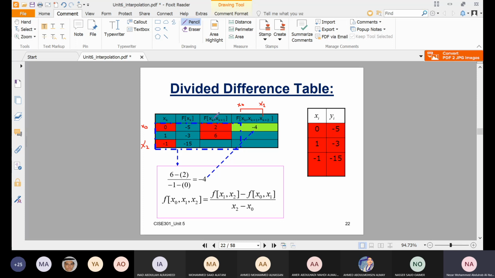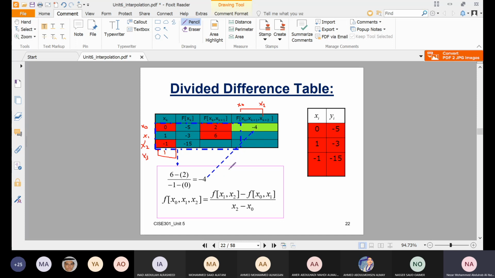In the first divided difference, I take x1, x0, then x2, x1. When we go to the second, I jump 1 because here I have x2 and x0. If I have another row here, I will take this point, for example x3 with x1. So we jump 1, and the column after will jump 2.